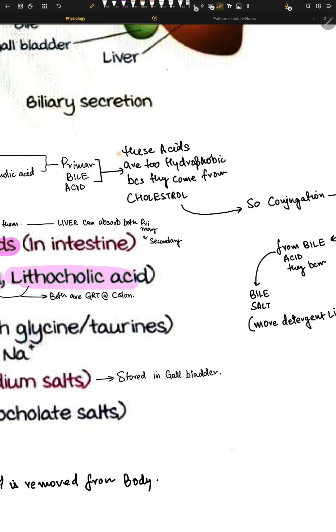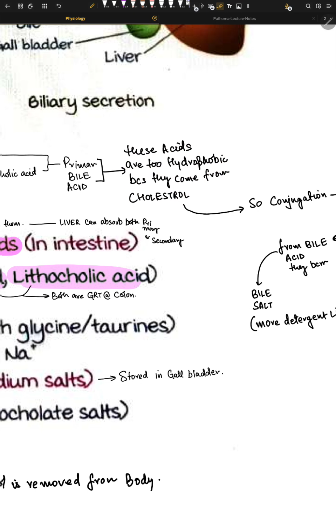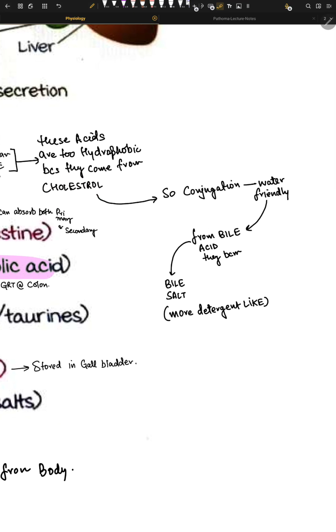So what happened here is that these acids are too hydrophobic because they come from cholesterol. Of course, cholesterol is a fat molecule. So what happened here is that conjugation happened. Now, what is conjugation? The process by which you convert a product from hydrophobic into hydrophilic. That's basically conjugation. So these hydrophobic acids now became hydrophilic.